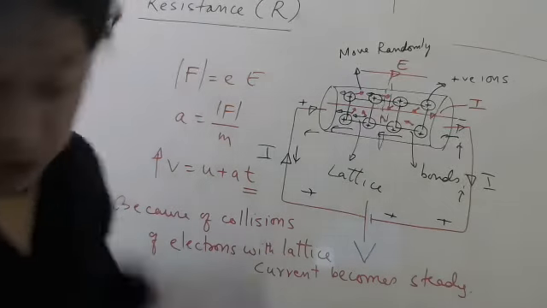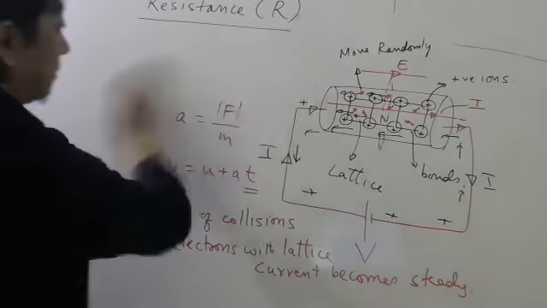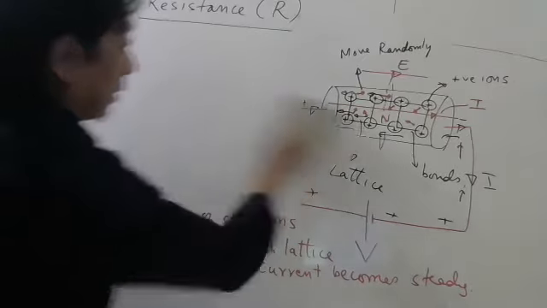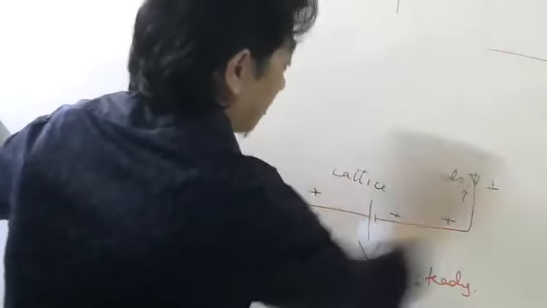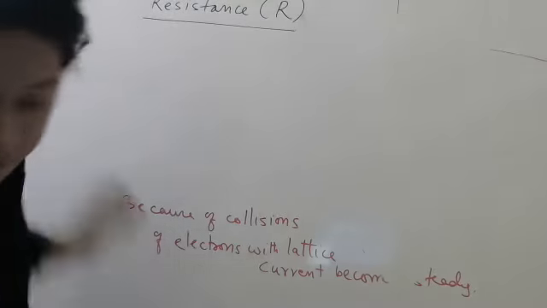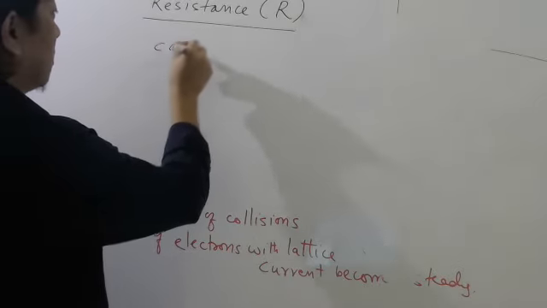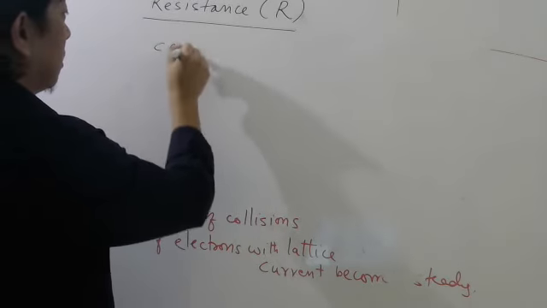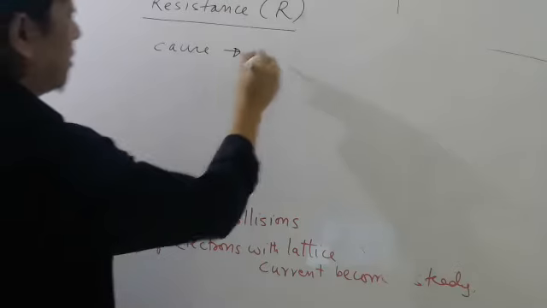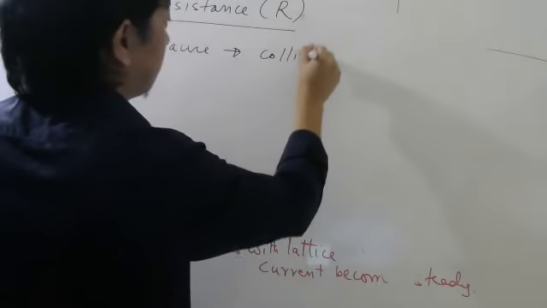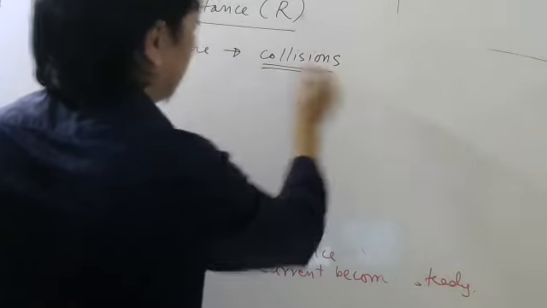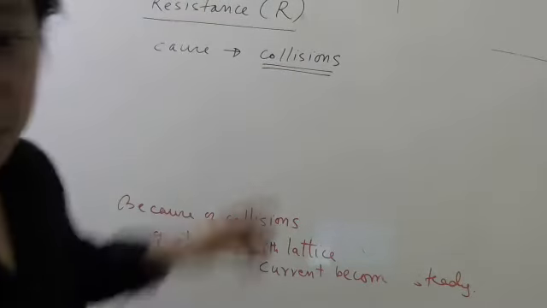So what is the cause of resistance, if somebody asks for 1 mark? What is the cause of resistance? The cause of resistance is collisions. Okay, collisions are the cause.